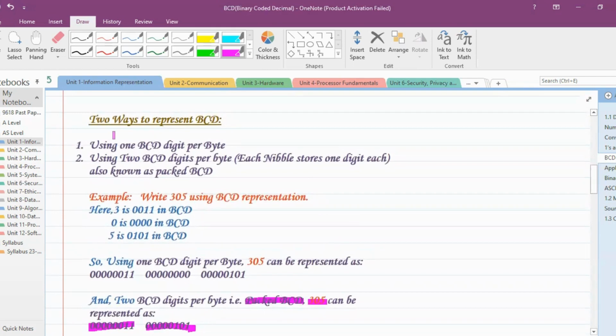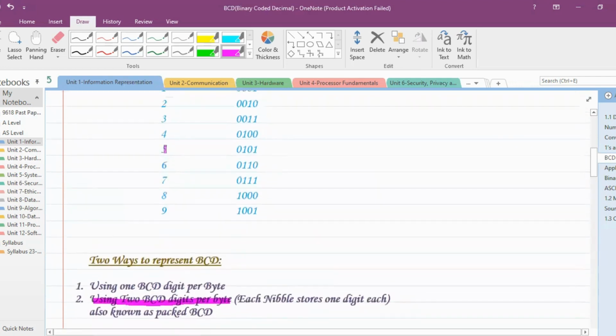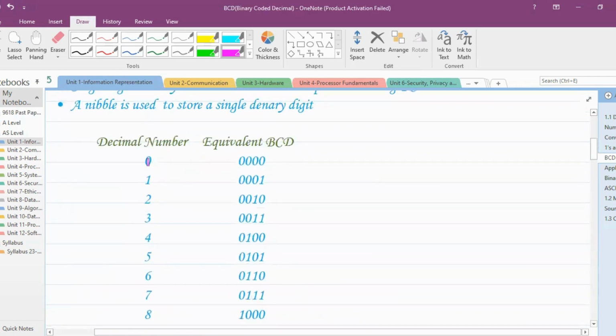There are two ways to represent BCD. Normally in your questions you'll be doing it using packed BCD, the second way. However, there are two ways: using one BCD digit per byte or using two BCD digits per byte. So what is the meaning of this? Each BCD digit is used to represent any denary number using 4 bits.